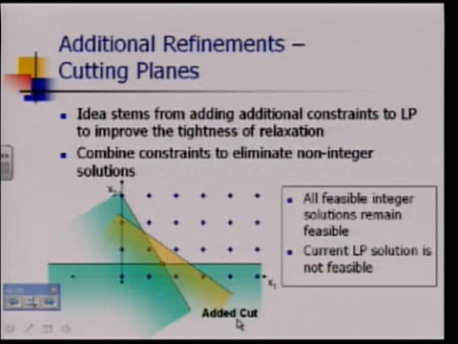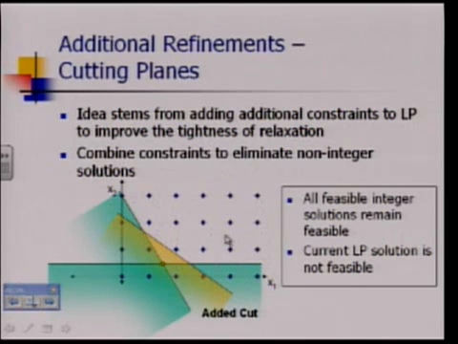Okay, so for instance, this is just a simple illustration of how the cutting plane method may work. If you look at this linear program, you have this constraint and this constraint. The feasible area is this positive area originally, and then these are the integer values. Okay?